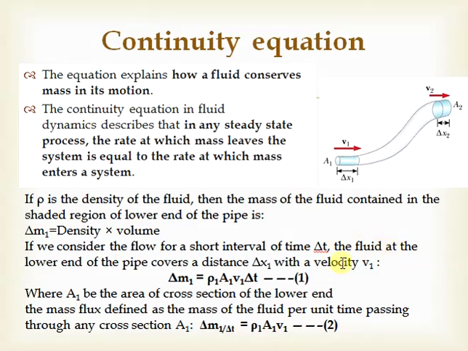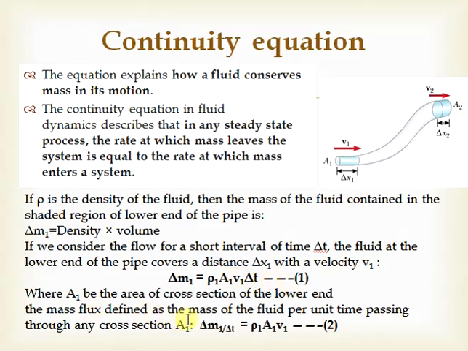The fluid at the lower end of the pipe covers a distance delta x1 with a velocity v1, so delta x1 is v1 times delta t, since v1 is delta x by delta t. So we can write delta m1 as density rho 1, times A1, the area of cross section, times v1 delta t.